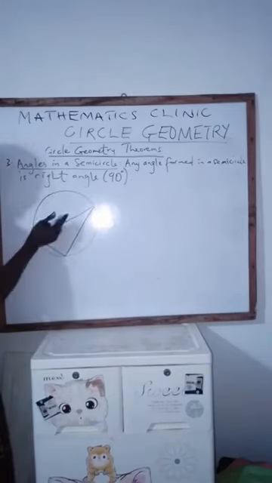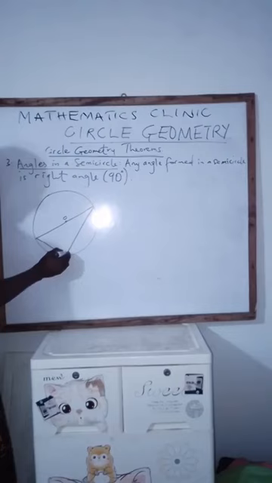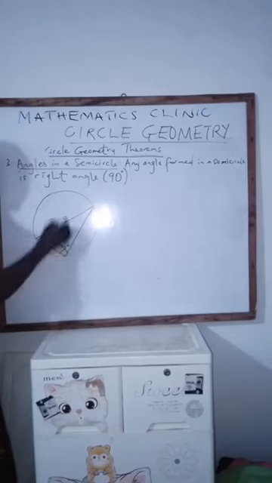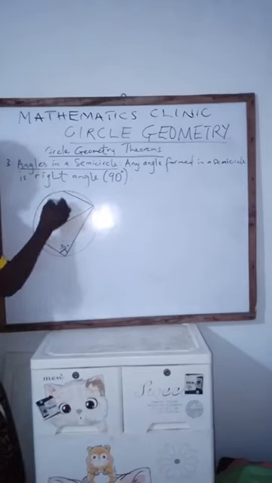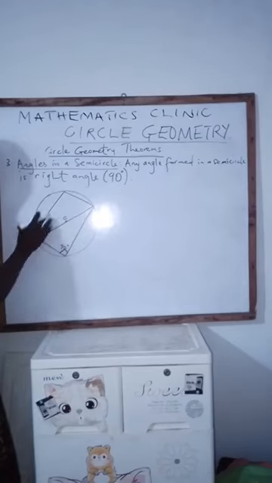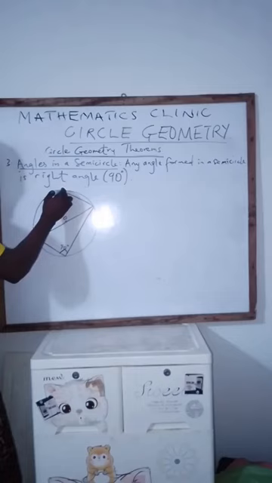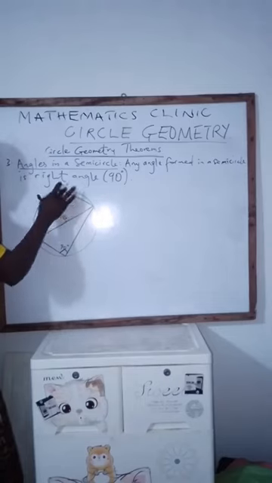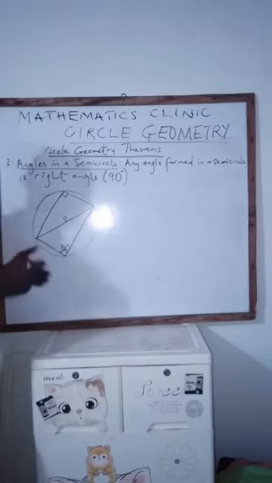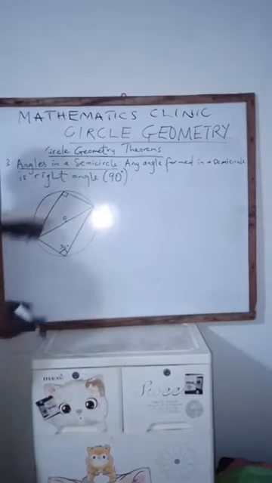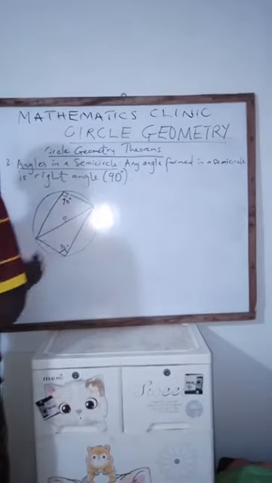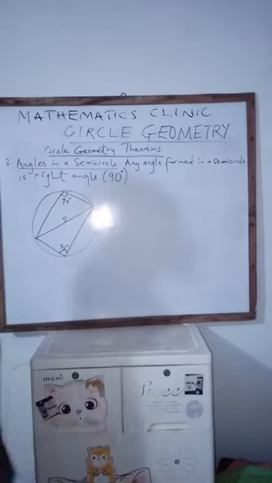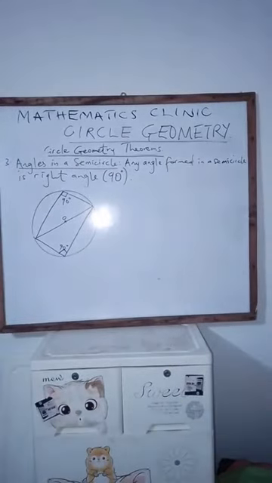What it simply means is that if this is the center of the circle, this angle is 90 degrees. This angle is 90 degrees. This is another semicircle. You have two semicircles in a circle. 90 degrees here, 90 degrees there. That is what the theorem is talking about. It's as simple as that.